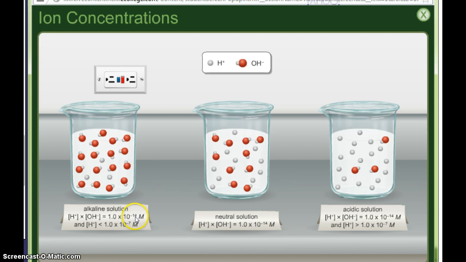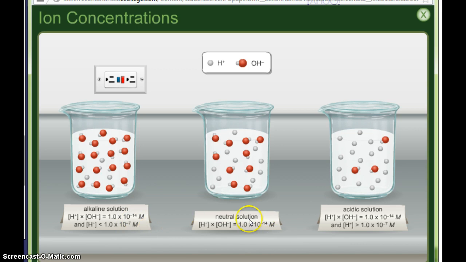Remember, our pH scale is out of 14, so that's always our total. But the concentration of hydrogen ions is less than 1 times 10 to the negative 7th molar. Remember, they both started out as 10 to the negative 7th. If you have more hydroxide, obviously the hydrogen ions are going to have to be less than what you started with.